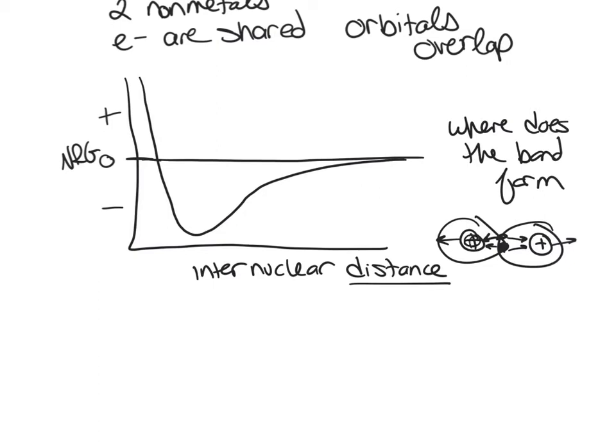This positive nucleus is going to repel this positive nucleus. And that's where you see this incredible increase of potential energy. This is coming from your two nuclei repelling because they're too close together.